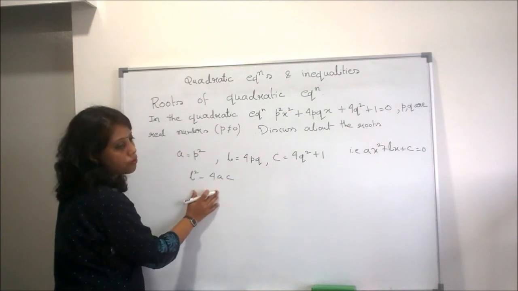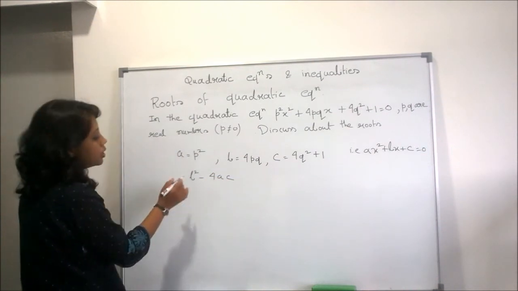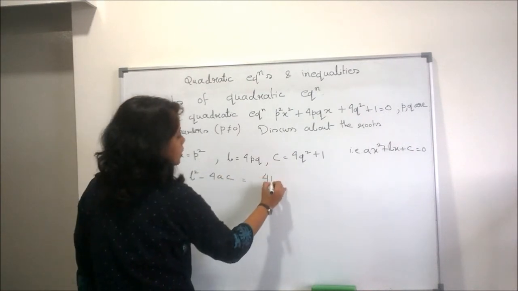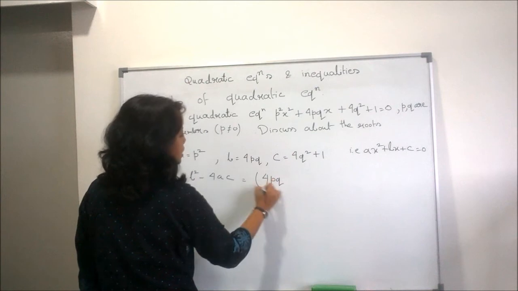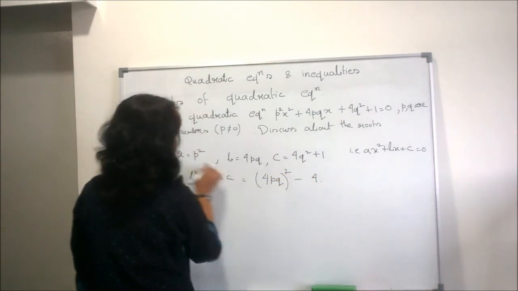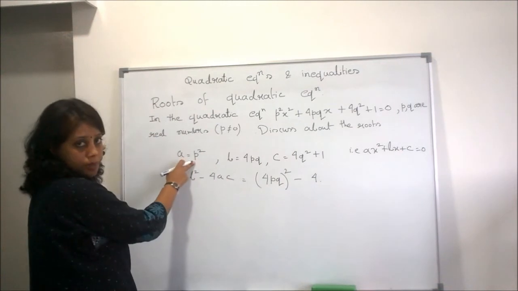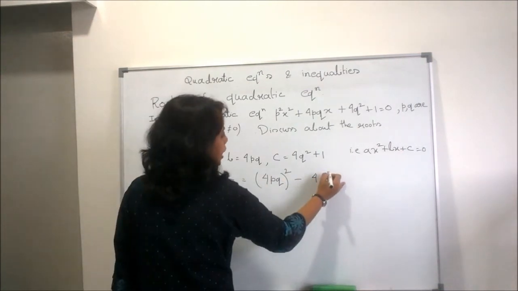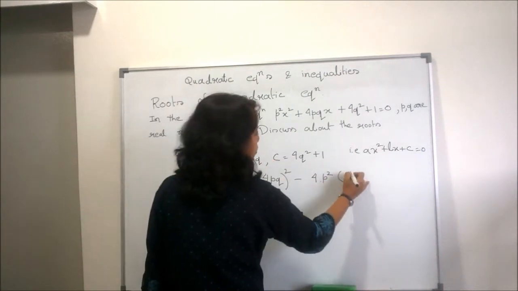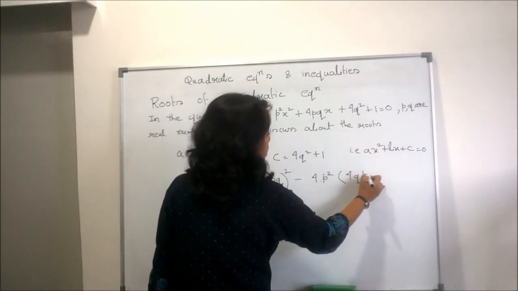So from here what we can get, the discriminant, that is b means 4pq, b square minus 4a, a means p square, 4ac, c means 4q square plus 1.